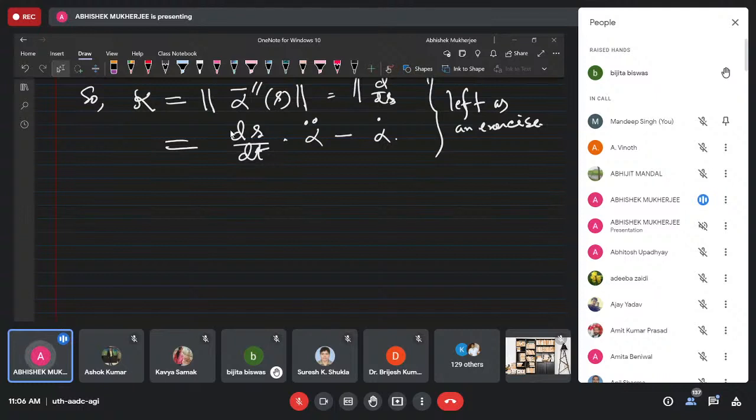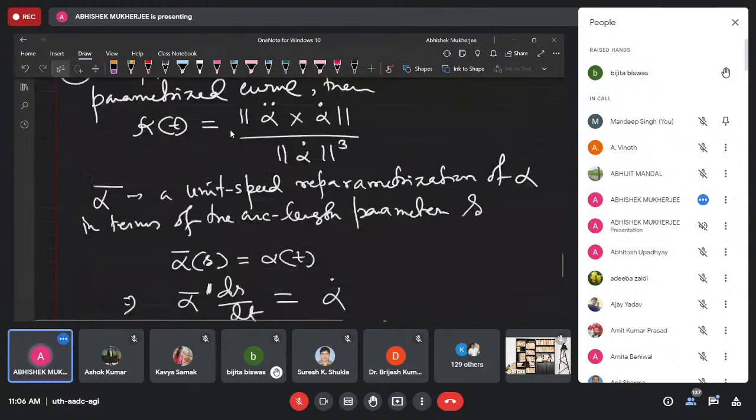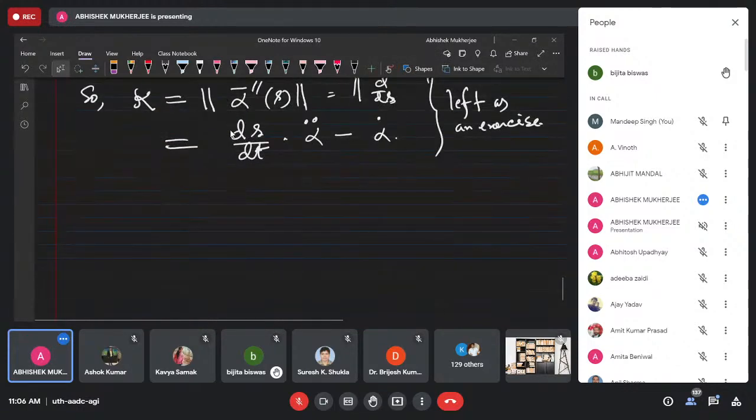So after calculating these derivatives, you can get this result. I think it is very easy.